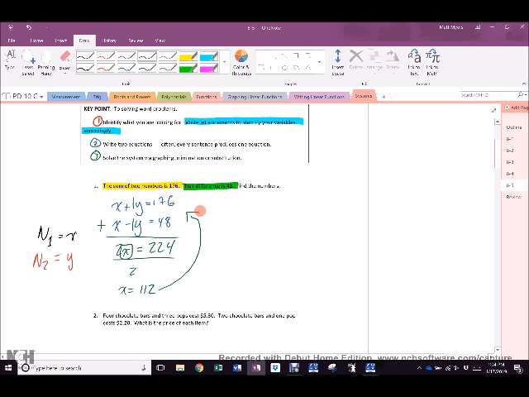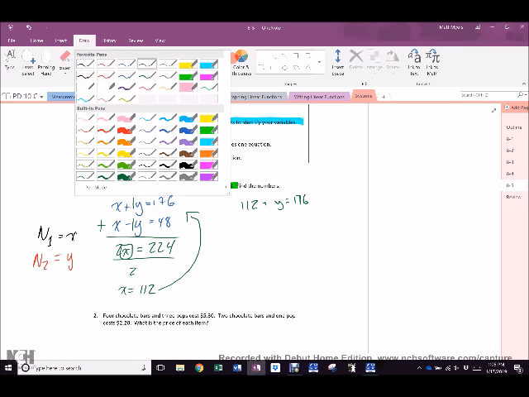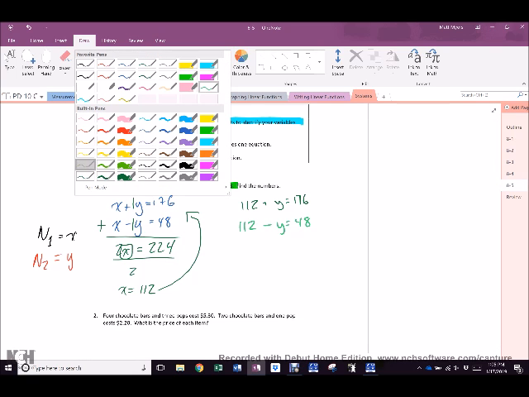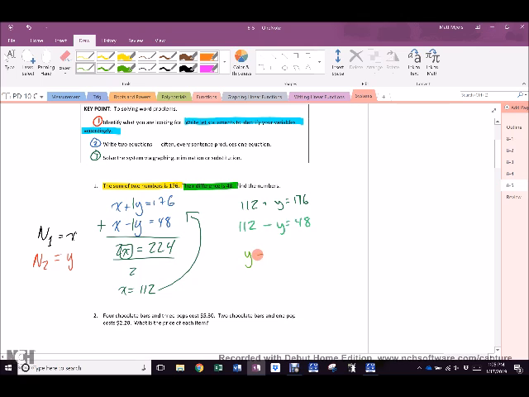So I could have written 112 plus y equals 176. Or, and I'm going to use a different shade of green because I'm still doing this, 112 minus y equals 48. And then I solve that. And either way I solve it, I'm going to use a third shade of green, y equals 64.